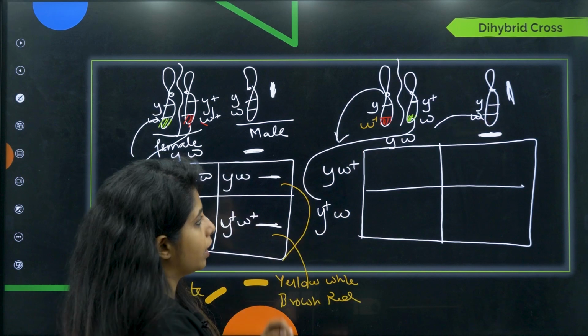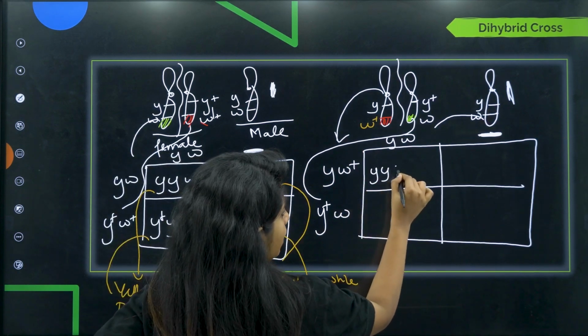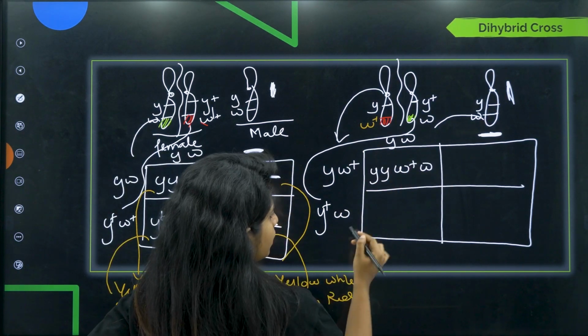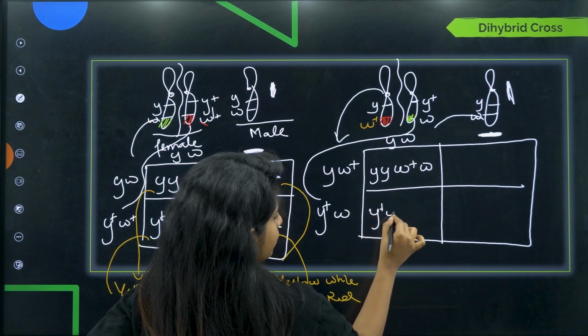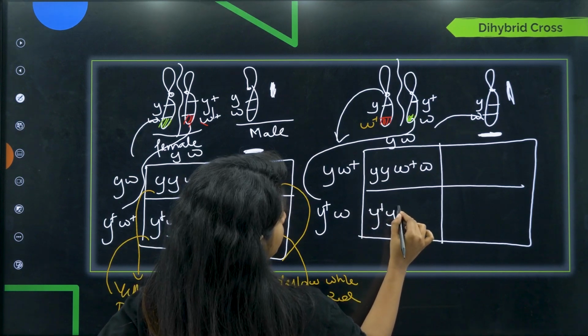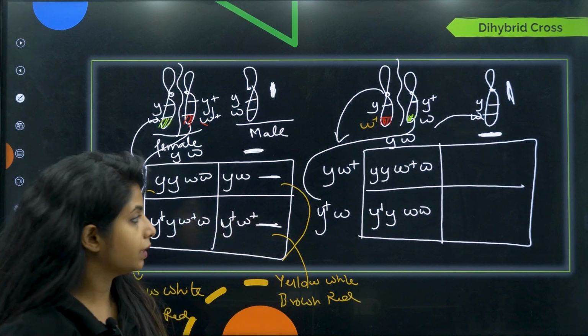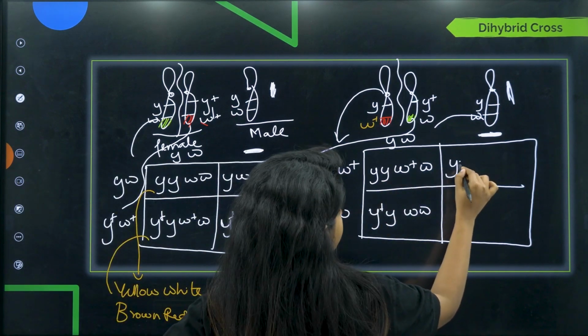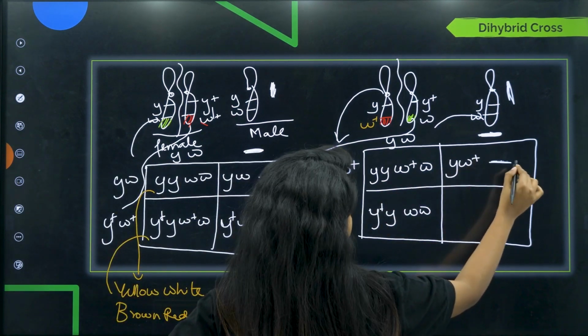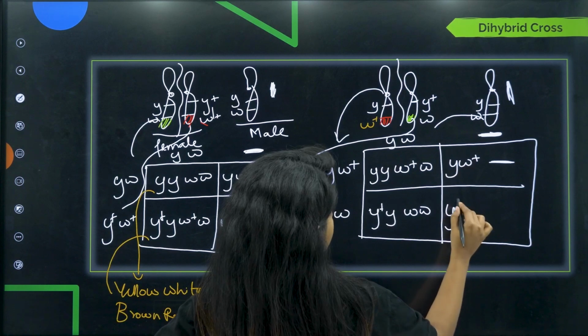Now when you fuse, what do you get? YY and Y, W plus W, Y plus Y, and wait, did I mess anything up? Yes, okay. Now over here, what do you get? And over here, what do you get?